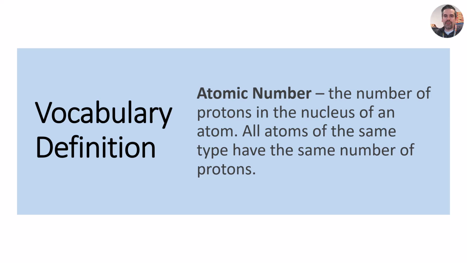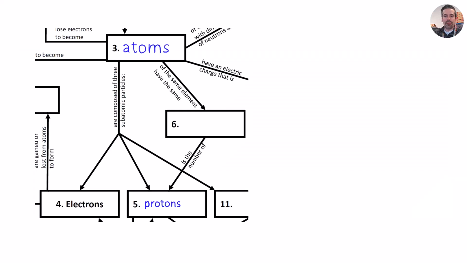All atoms of the same type have the same number of protons, without exception, all the time. So if we look at box number 3, we see atoms of the same element have the same atomic number. And we can extend this from 6 to 5. We see atomic number is the number of protons.